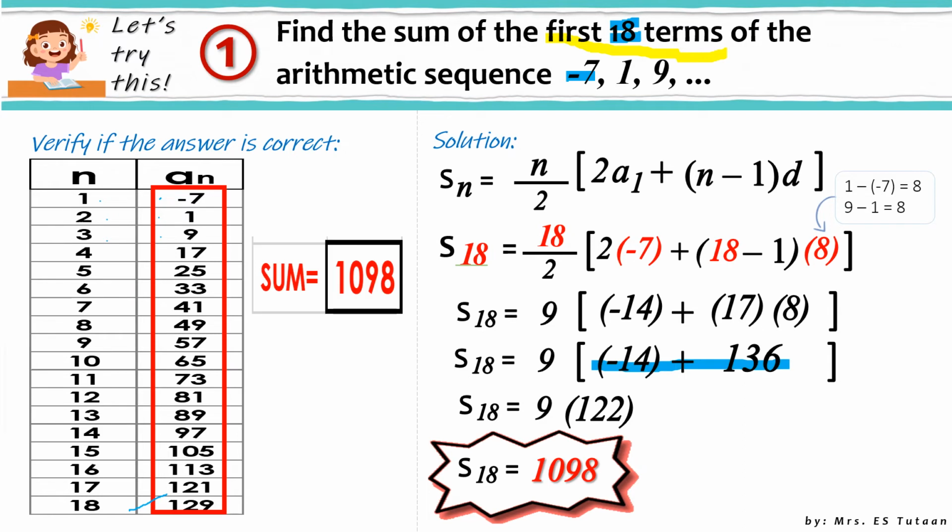Pag inad natin yan isa-isa, ang lalabas dyan ay 1,098. So, pareho sila. So, ibig sabihin, tama yung ating paggamit ng formula at ang series ay 1,098. Okay na? So, sana nakasunod.